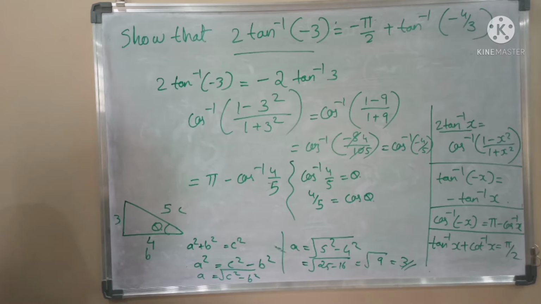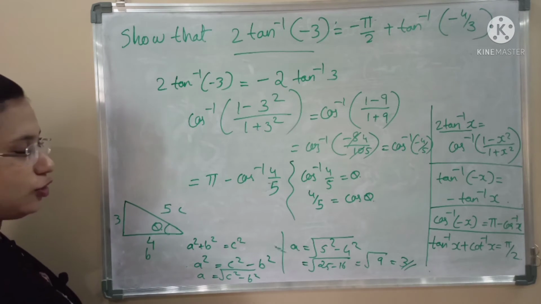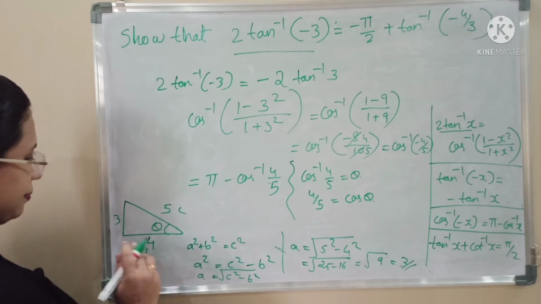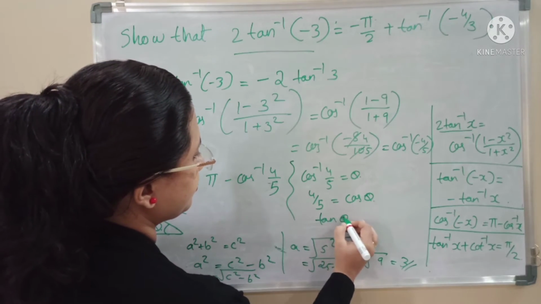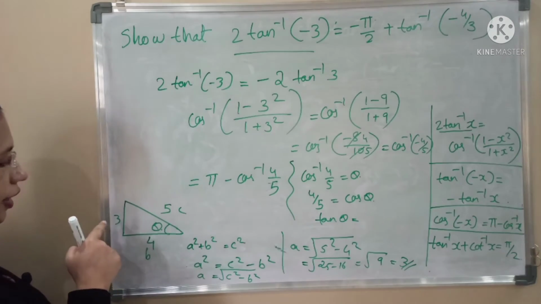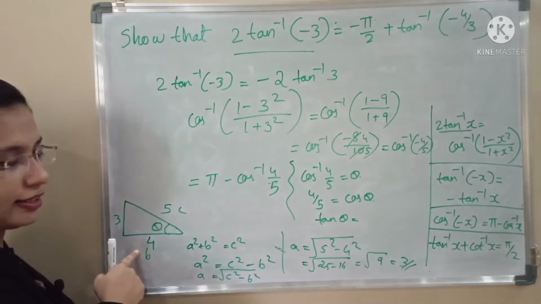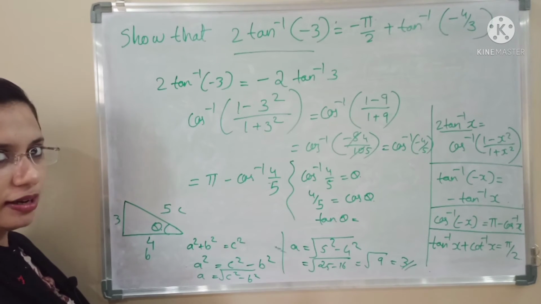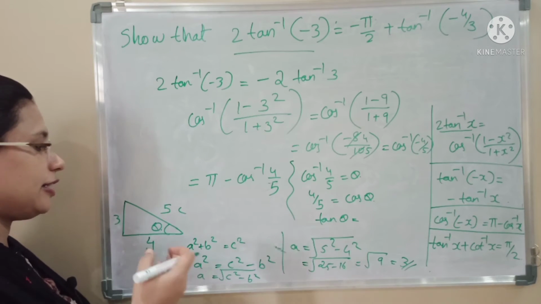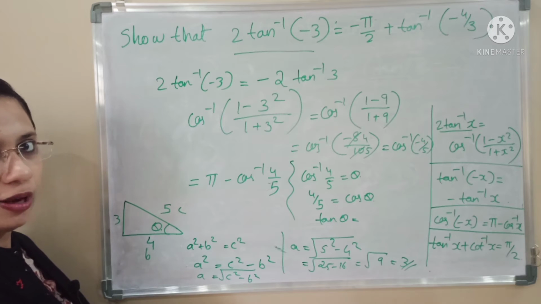Clear? This is how we obtain the value for tan theta. So tan theta value is opposite side by adjacent side. Whenever I am telling all these formulas, to recollect it easily, you can just note them down.